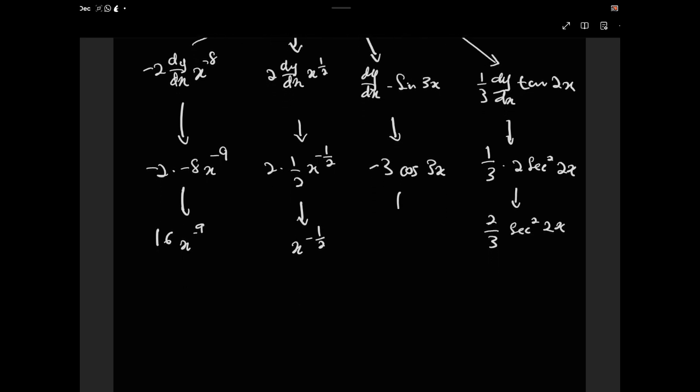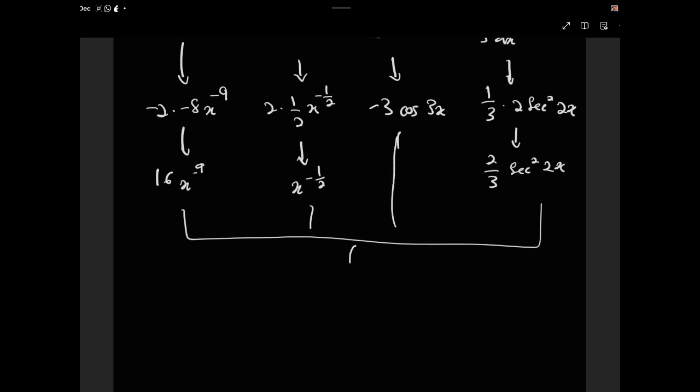We can combine them. Okay, so we have 16x to the power of negative 9, right? Or we can also write it in reciprocal, which is 16 over x to the power of 9, right?